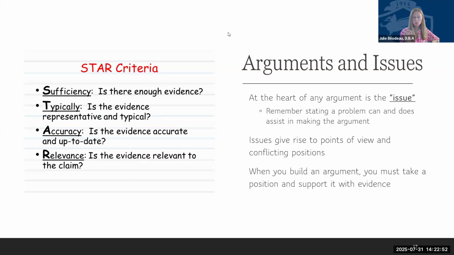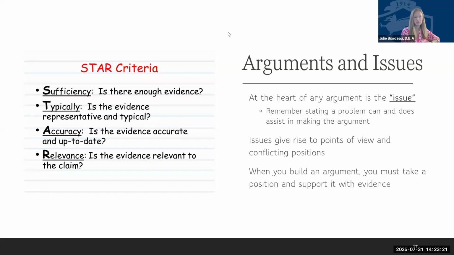So I said generalizability, which is what we usually refer to when we're talking about whether our data, our findings, are generalizable. Here, when I'm saying typical, is this like a problem that you would see not just in one little minute organization, but larger? So I'm using the word generalizability here in terms of the problem and how it might apply to a larger context versus just one small area.